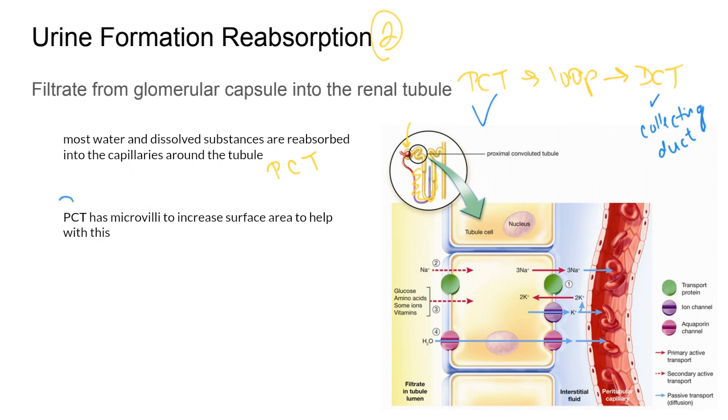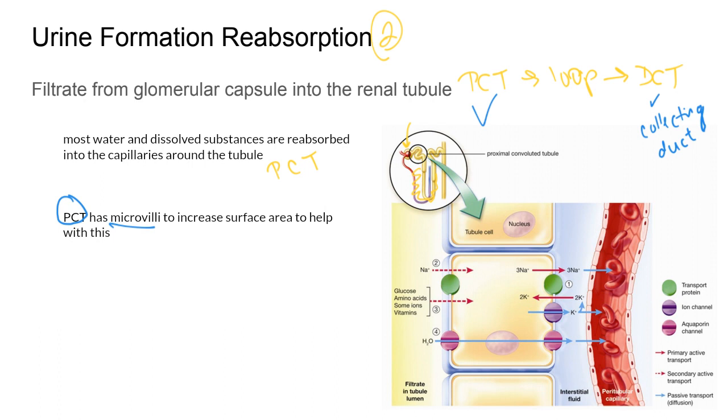The proximal convoluted tubule has microvilli to help increase its surface area, which will help with this reabsorption. Kind of like how the intestines had the folds and then the villi, and then the microvilli to increase the surface area for the absorption of food. The proximal convoluted tubule increases its surface area so that it can reabsorb even more.